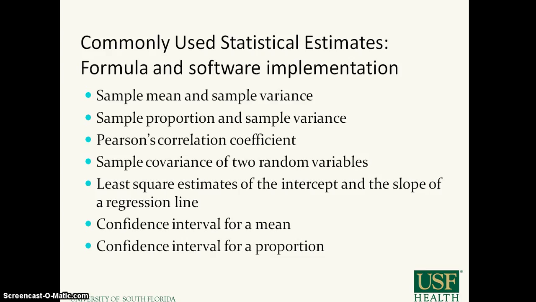For example, you learn how to compute a sample mean and sample variance, sample proportion and sample variance of the sample proportion, Pearson's correlation coefficient, sample covariance of two random variables, least square estimates of the intercept and the slope of a regression line, confidence interval for a mean, and confidence interval for a proportion. Those are some examples of the statistical estimates you have learned previously.